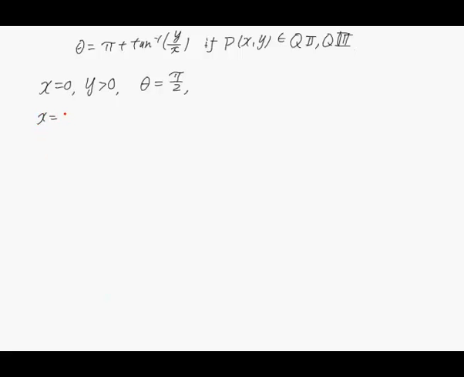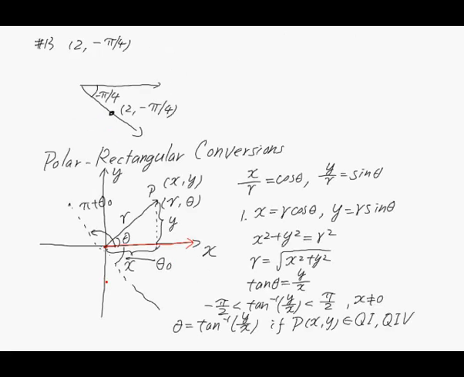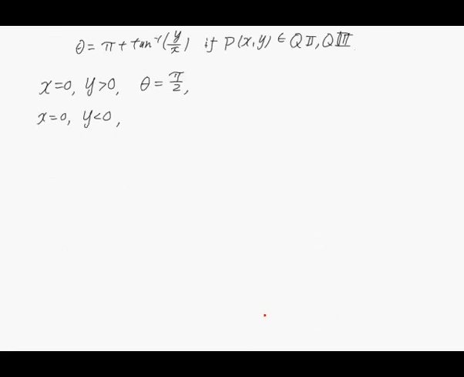And if x equals 0 and y is negative, we know the point is on the negative y-axis. So in this case, the angle is equal to 3 pi over 2. So now we take theta equal to 3 pi over 2. And in this way, we can convert from the rectangular coordinates to the polar coordinates.